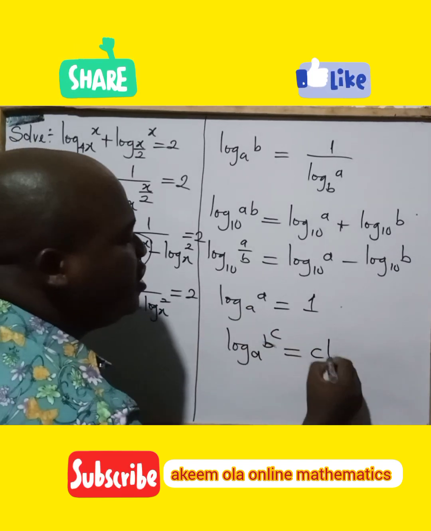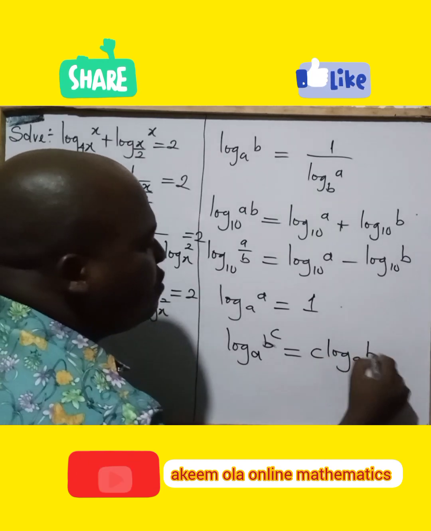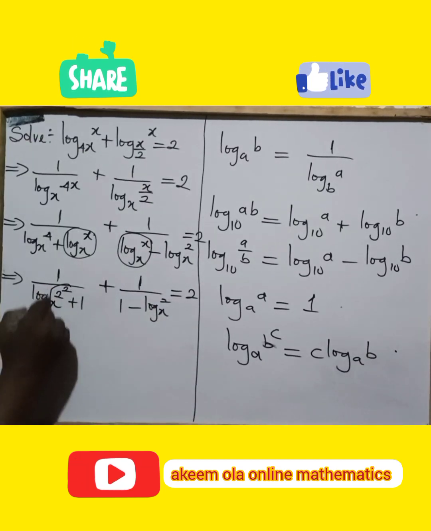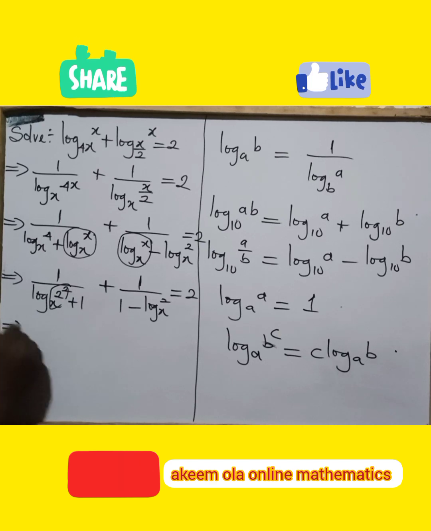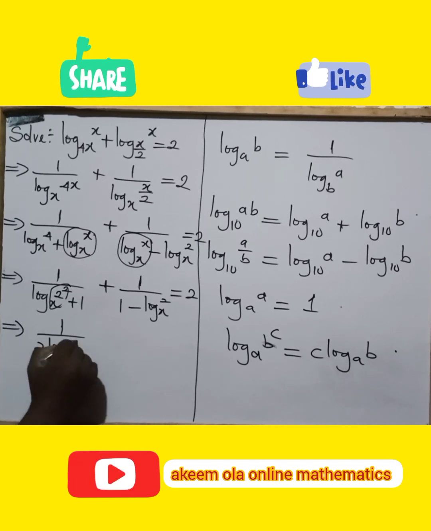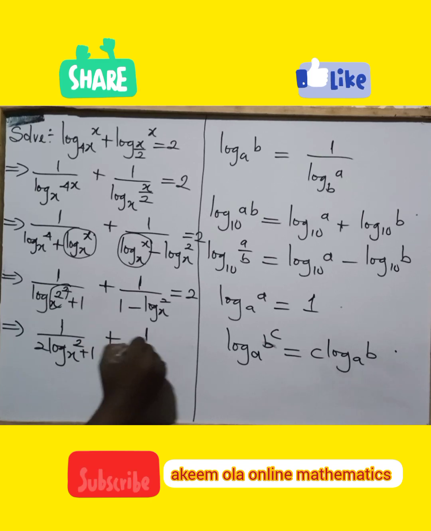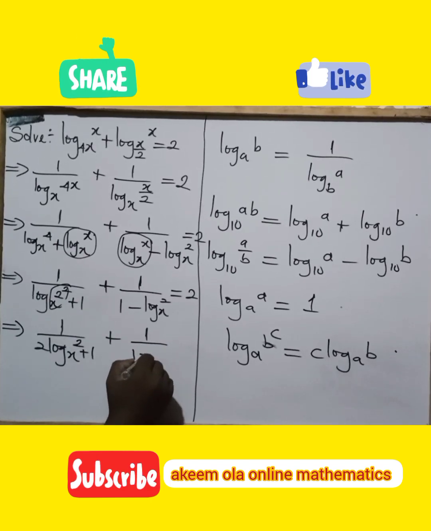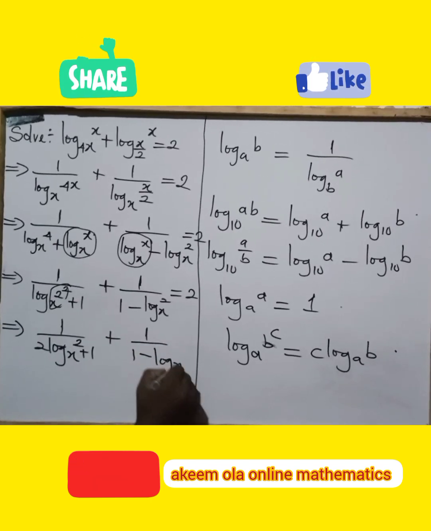That means we are going to have C log A of B. That is what we are going to observe here. We are going to have 1 all over 2 log x of 2 plus 1 all over 1 minus log x of 2 is equal to 2.